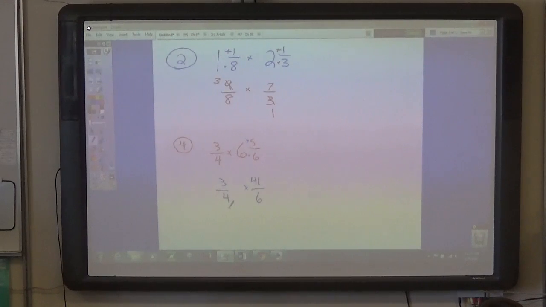Not 6 and 46. Sorry, I accidentally put that. Now factor it. And then change it to a mixed number.